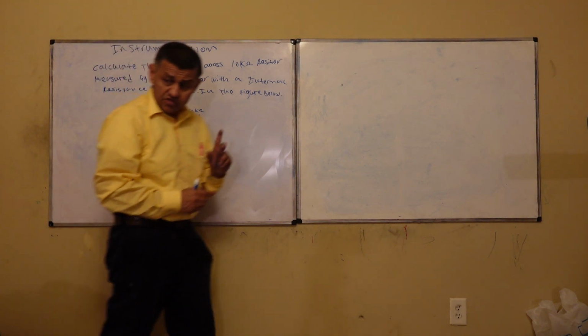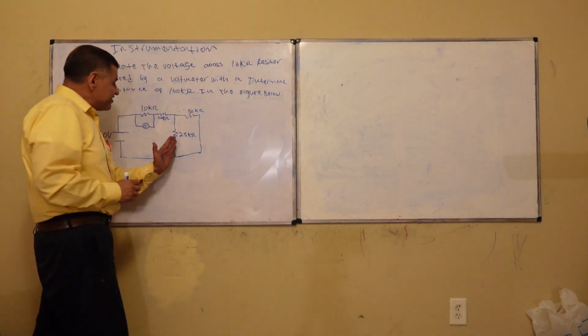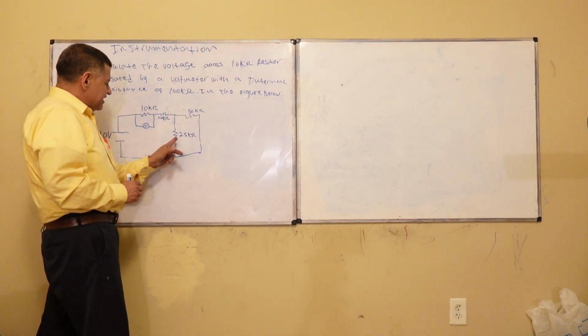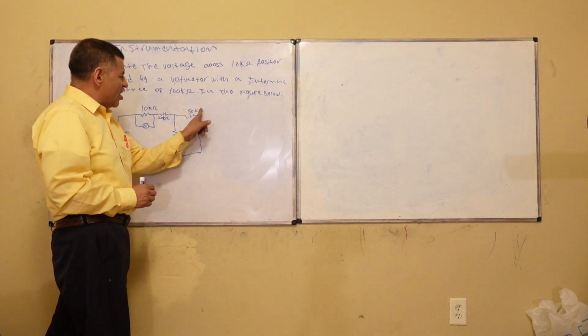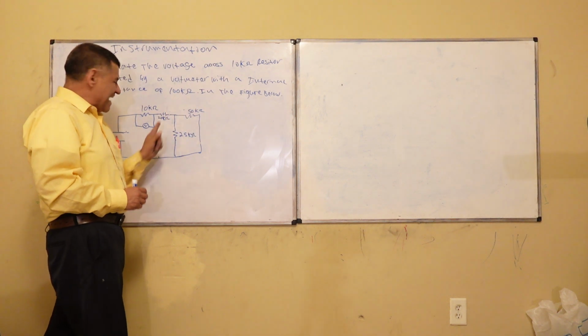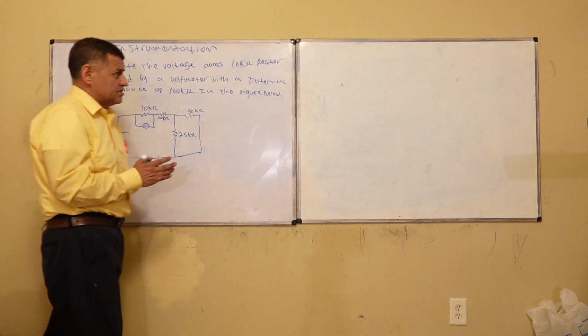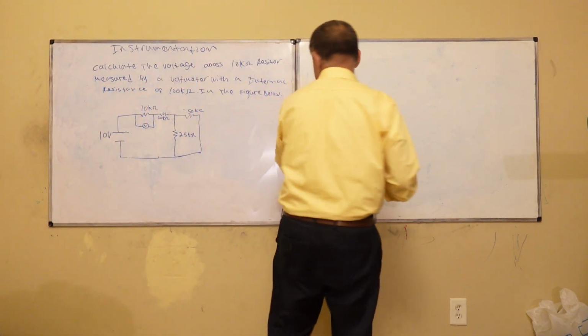So let's get it started. We have this in parallel with that. This 25 ohm resistor is in parallel with the 50 ohm resistor, and it's going to be probably in series with this. Okay, so let's get it done.